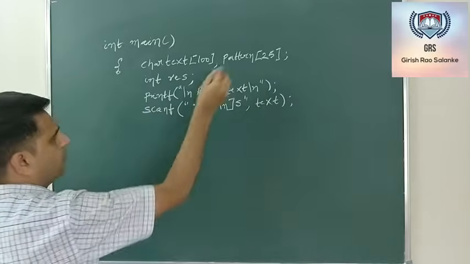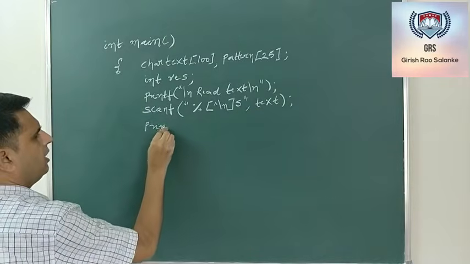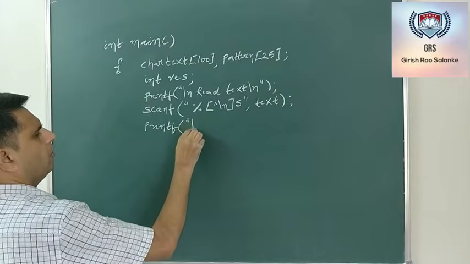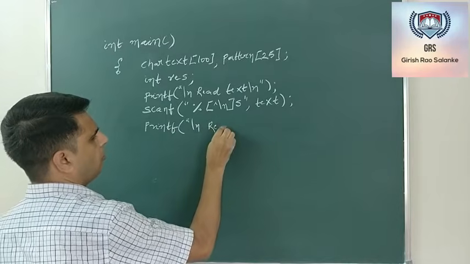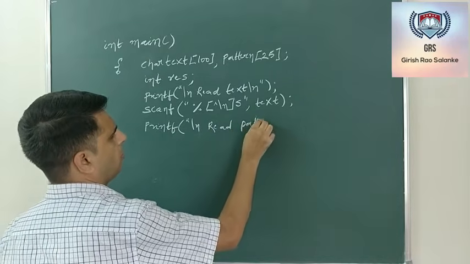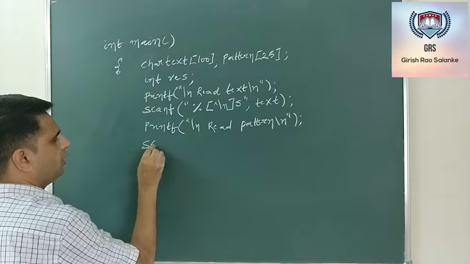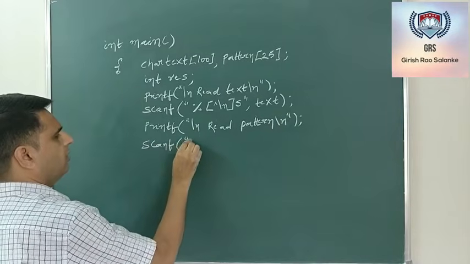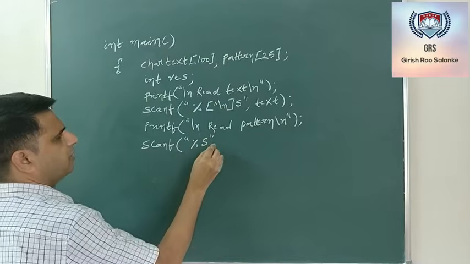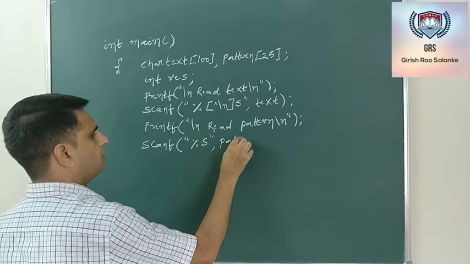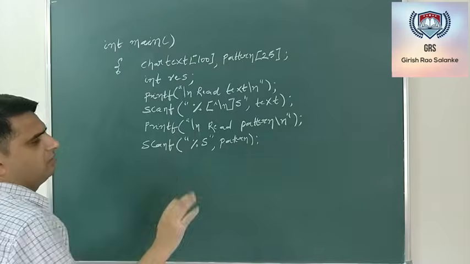Now what is the second thing? Read pattern. Printf read pattern. Now assuming that my pattern is just a single word, I'll use %s. Even if your pattern is two words, you can use the same thing.